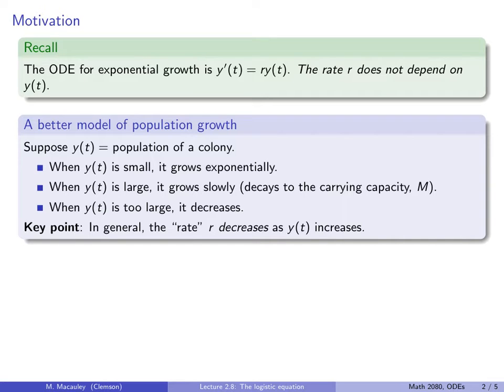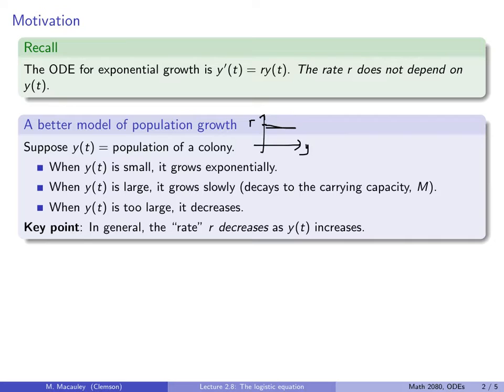So the key point in all of this is that the rate r decreases as the population increases. So r is actually a function of, not of t, but of y. So what we had before, for standard exponential growth, if we were to plot the rate as a function of y, it would be constant.